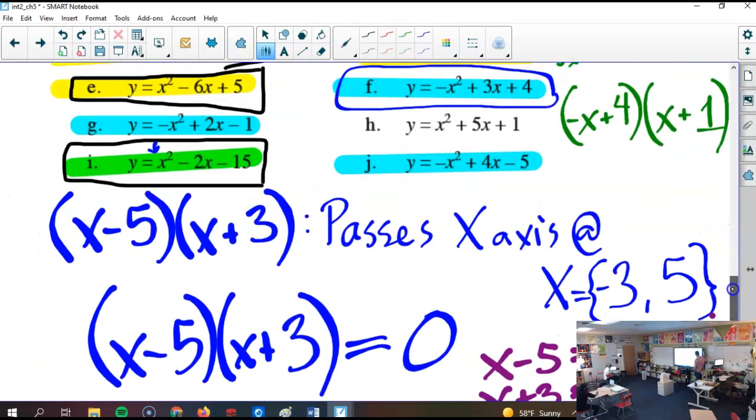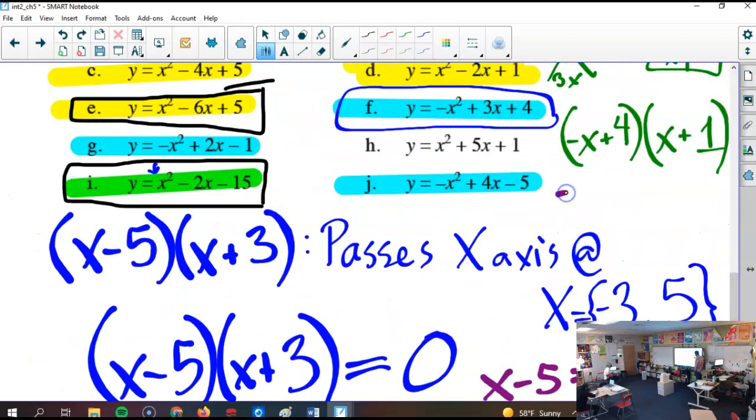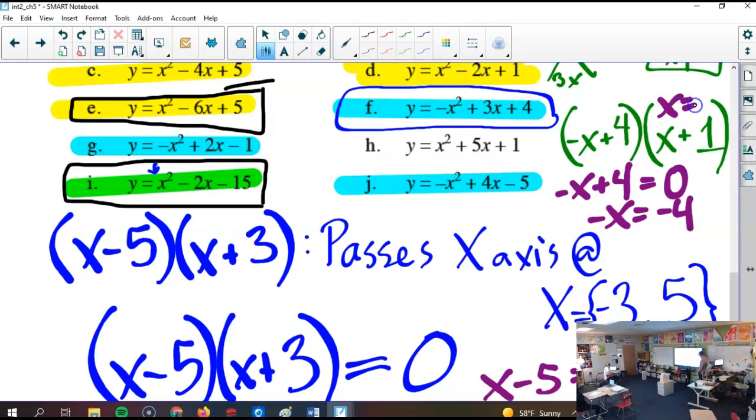When negative x plus 4 is set equal to 0, it's negative x equals negative 4, so that gets it positive 4. Then when x plus 1 equals 0, wouldn't it be -1? Yes, it is. Yay! We just found something.